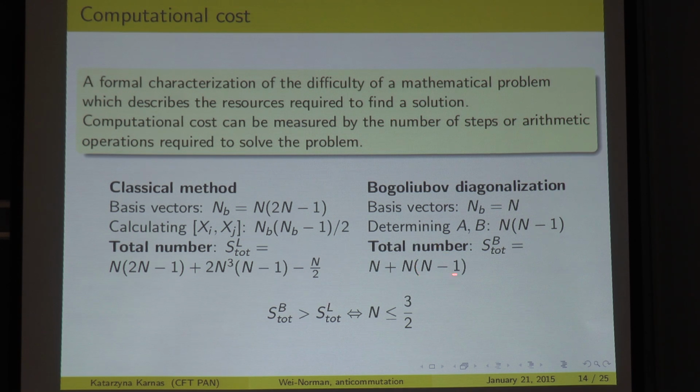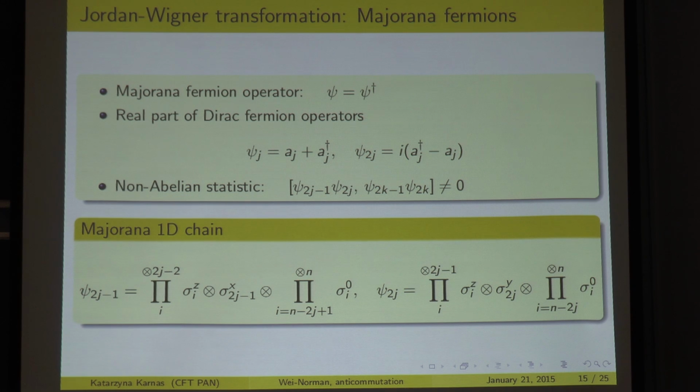This means that if the number of modes is n or more, this inequality means that if the number of particles is 2 or more, Bogoliubov diagonalization is more efficient than Wei-Norman. But if you have one particle, you don't have a chain. So it's always better to say that Bogoliubov always wins.